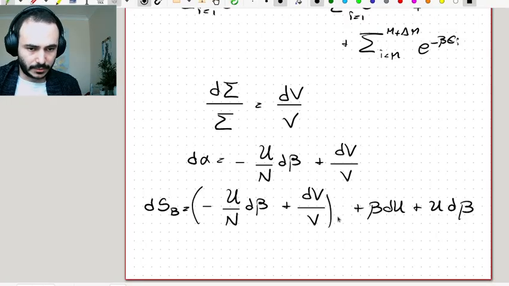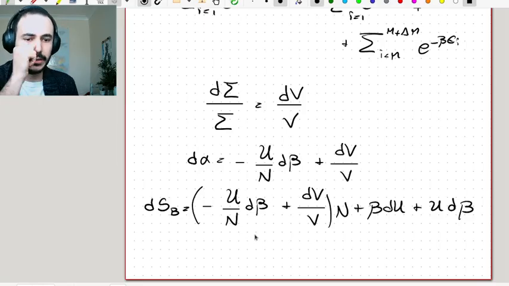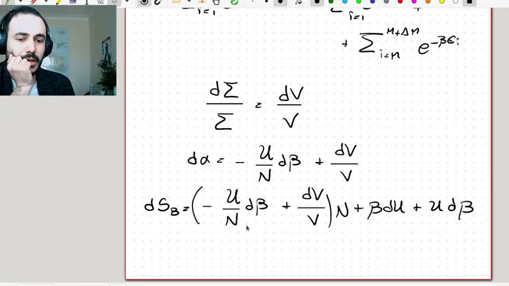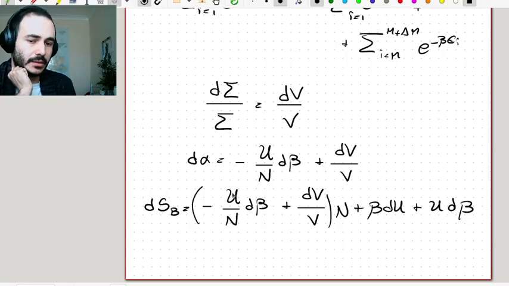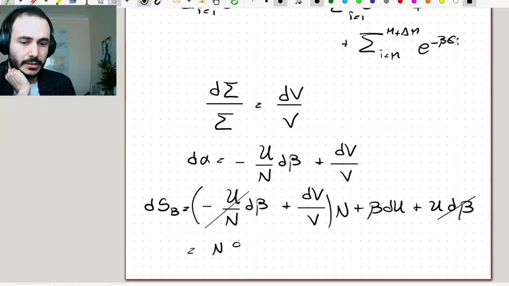So just remember this is the n multiplying it. You can quickly see that this u dv, which has a negative sign, is going to cancel when you multiply by n. But now you get two terms: you get n dv divided by v, and you get beta du.